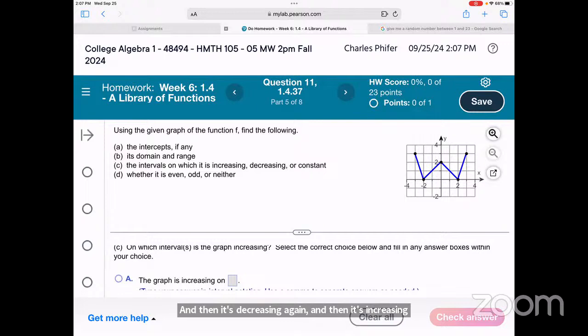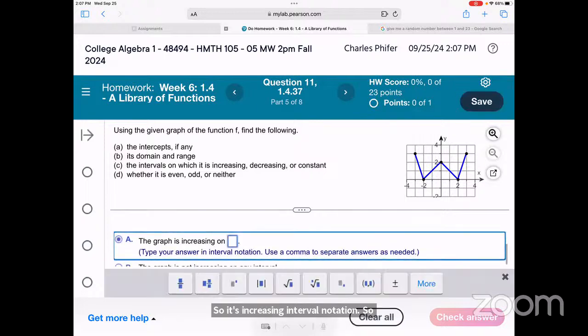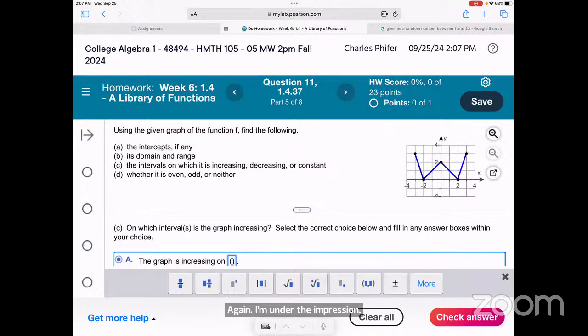For interval notation, I'm under the impression that whenever we're doing increasing, decreasing, or constant, we should use parentheses. So the function is increasing as x goes from negative 2 to 0, and again as x goes from 2 to 3.